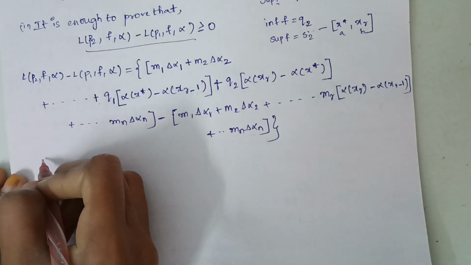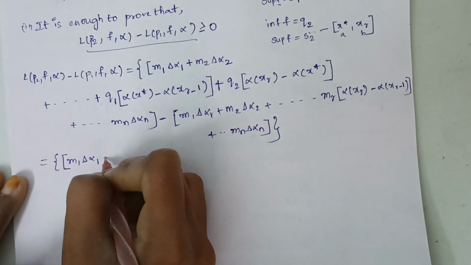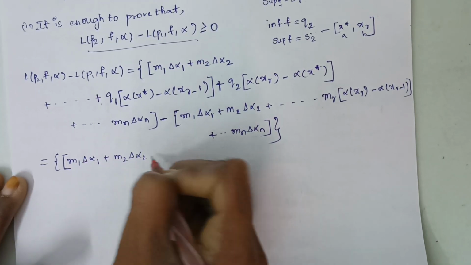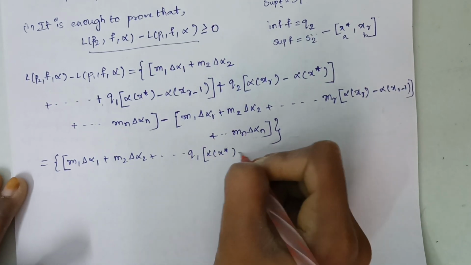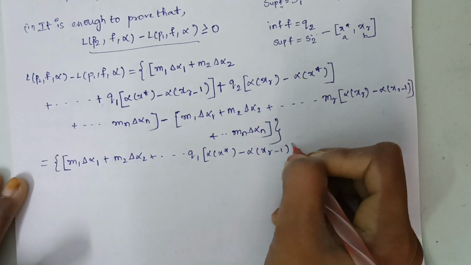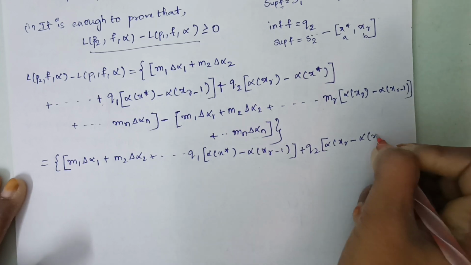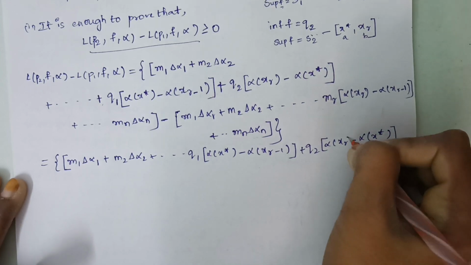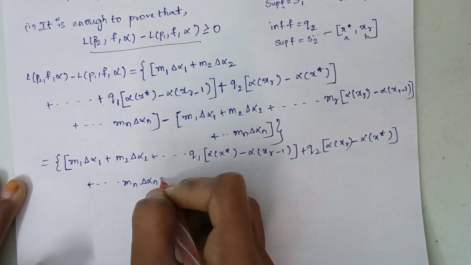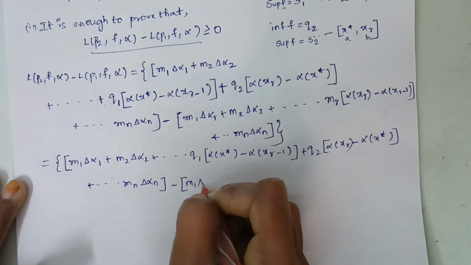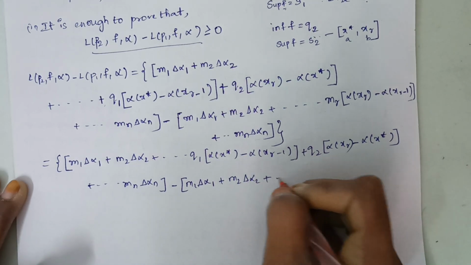and now what you need to do is write the same part again: M1 into delta alpha 1 plus M2 into delta alpha 2 plus and so on, Q1 into alpha x star minus alpha x r minus 1 plus Q2 into alpha x r minus alpha x star, plus and so on Mn into delta alpha n, minus M1 into delta alpha 1 plus M2 into delta alpha 2 plus up to and so on.